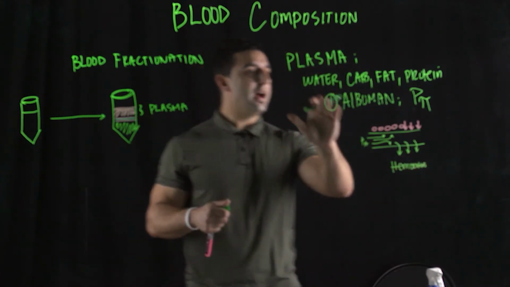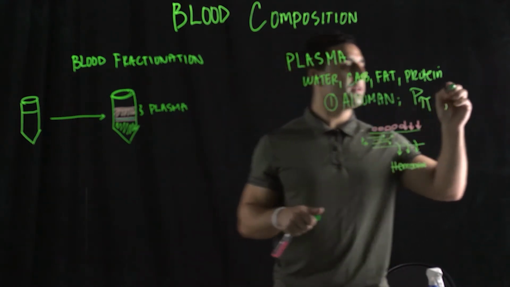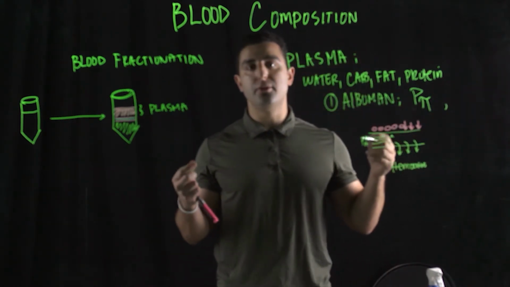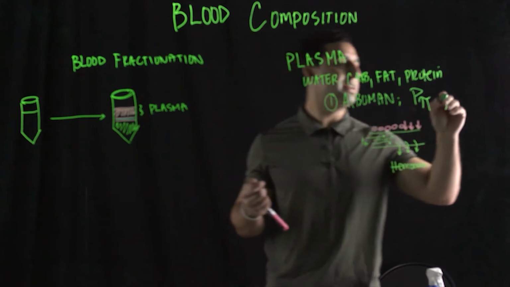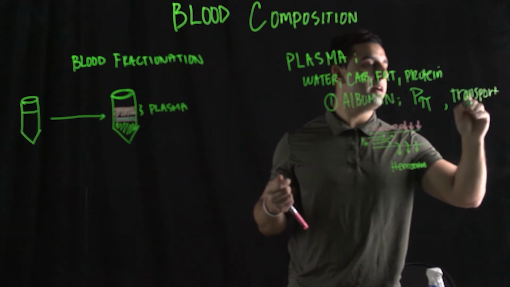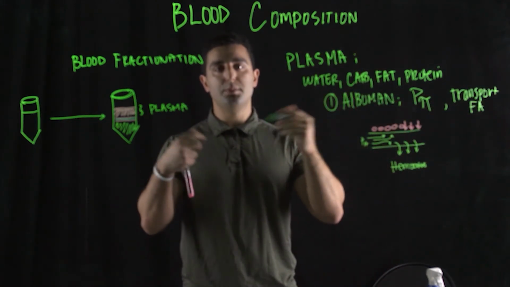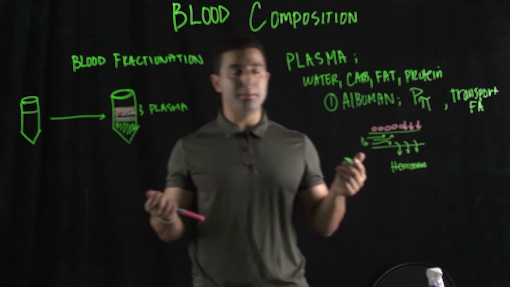So albumin's main function I want you to focus on is maintenance of osmotic pressure. It also helps transport fatty acids, which is another metabolic component that helps the generation of metabolism.